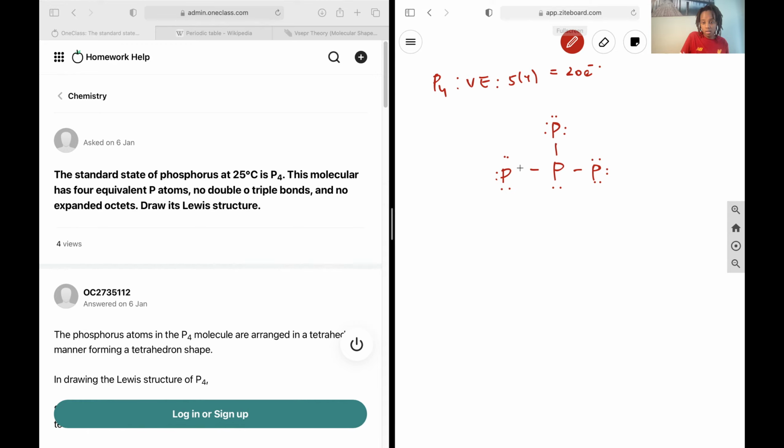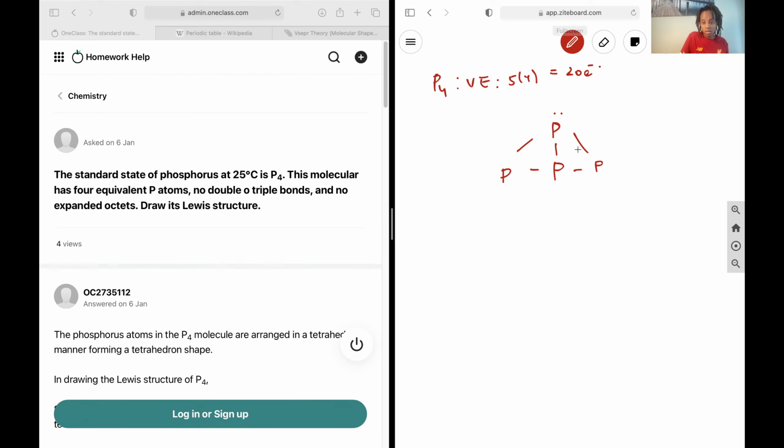And so what we're going to do instead is connect the adjacent ones. And so let's start with 2. So that will leave us with 2 electrons on each. And so this one has made 3 bonds, leaving 1 lone pair.